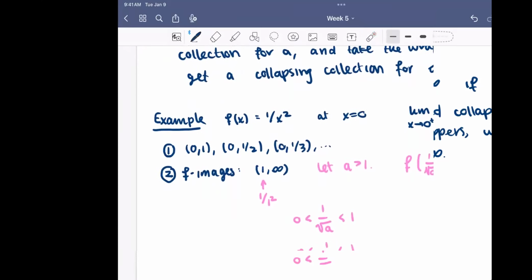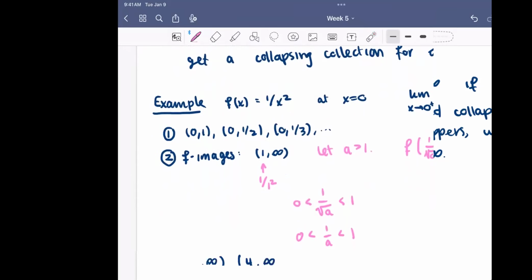So we had 1 to infinity. Next one would be 1/(1/2) squared, which is 4 to infinity. So how did we find this? This is 1/(1/2) squared, just applying f to that right endpoint. And then the next one would be 9 to infinity, and so on.